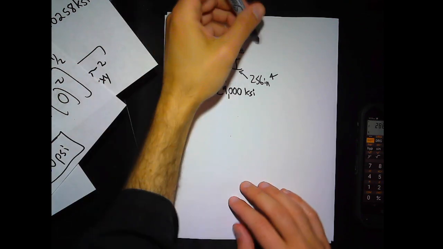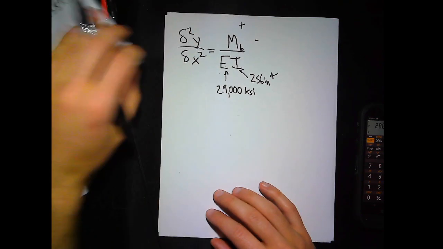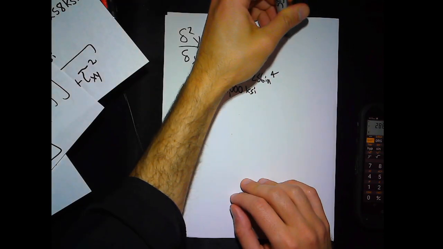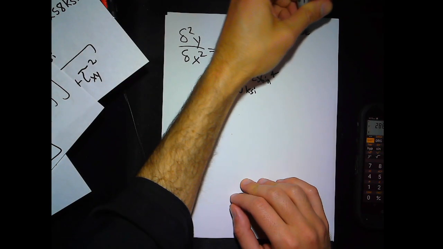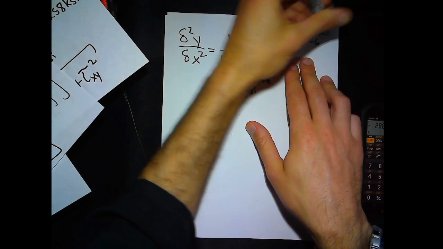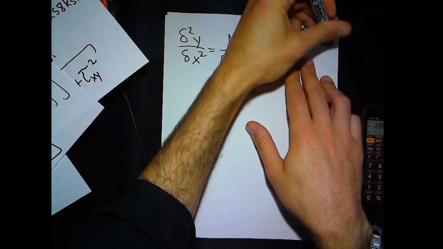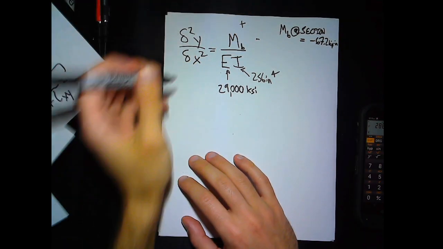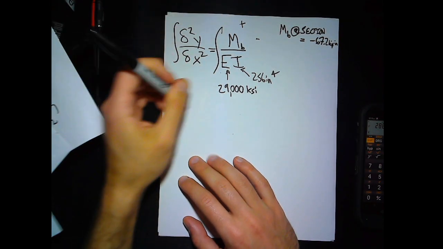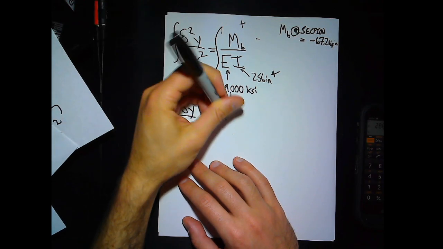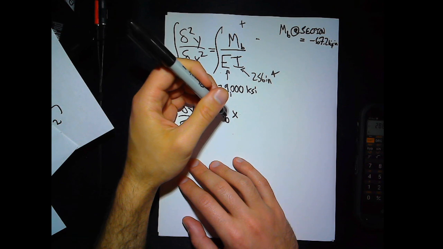But I know MB at the section equals negative 67.2 kip inches. But I need to derive my expression first. So take the integral of these, dy/dx equals the integral of M dx.